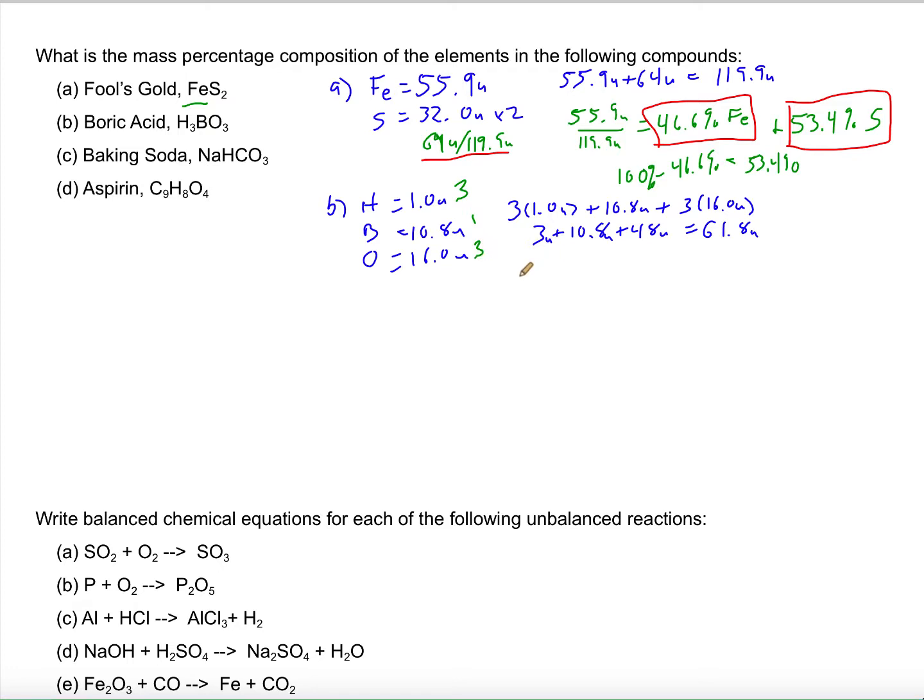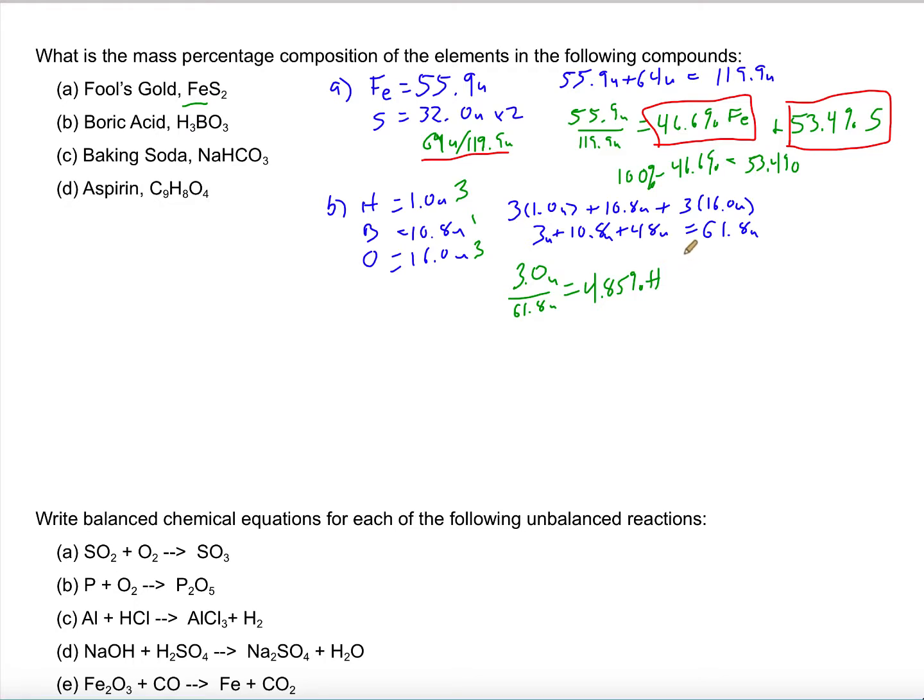So for hydrogen, we would simply take 3 units divided by 61.8 units, and then multiply it by 100, and that would give us 4.85% hydrogen.